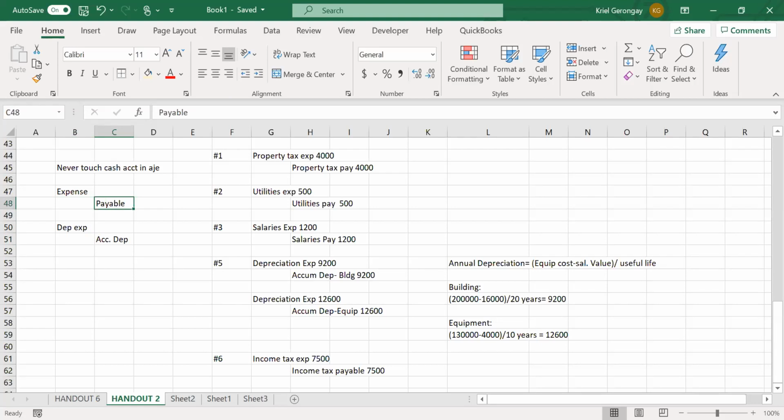I think I understand cash as you're only gonna touch it if you increase or receive income, or if you're going to pay for something. That's only when you're gonna pay for or touch the cash account.